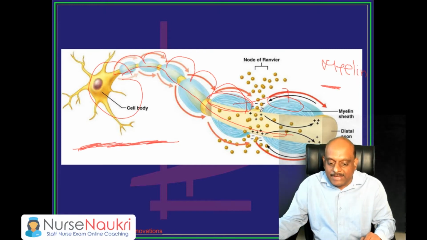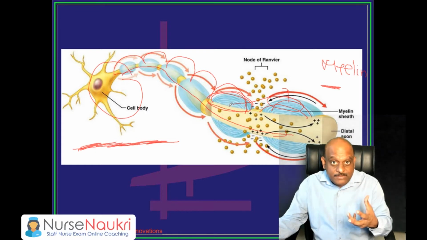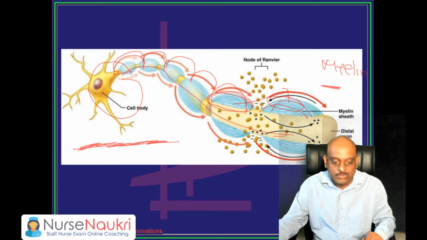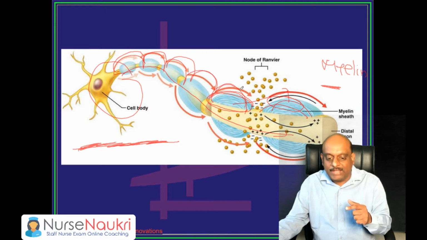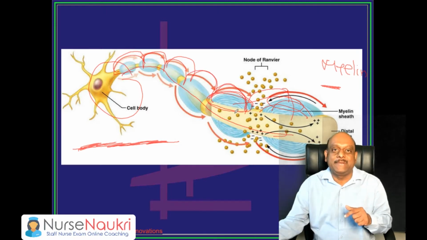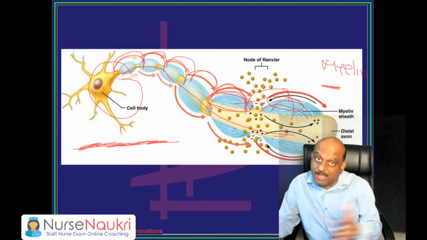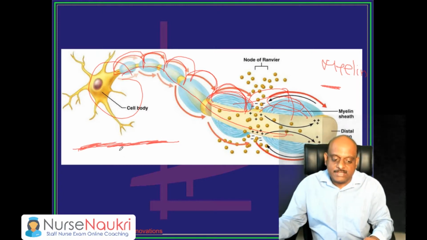And this myelin will be like nodes like this. The purpose of the myelin is to enable the electrical potential to jump from one node to the other node to the other node. And that is how the electricity can run faster, right? So that is the reason for myelinated nerves.